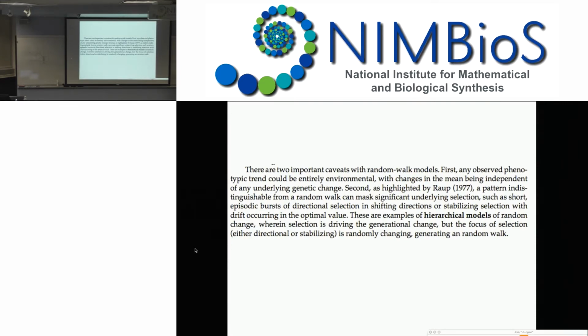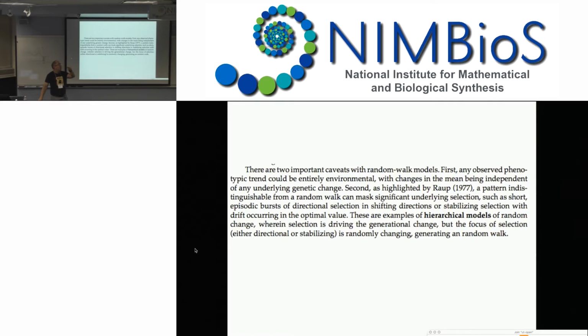And Ralph pointed out, before getting into those tests, that you could have two things happening. You could have a random walk because there's no selection on the trait. Or you could have what seems to be a random walk because there's stabilizing selection on the trait, maybe even strong stabilizing selection, but that optimum itself is undergoing a random walk as the environment changes.